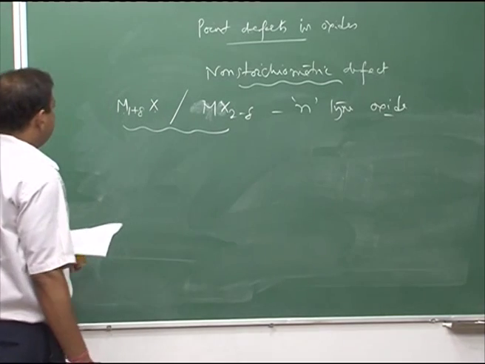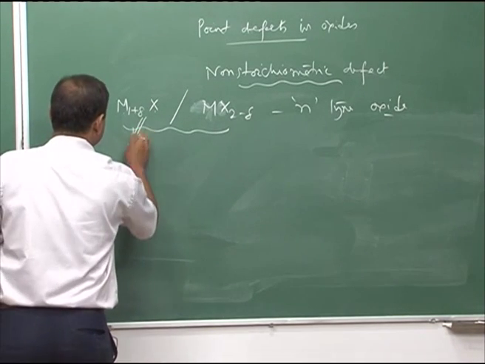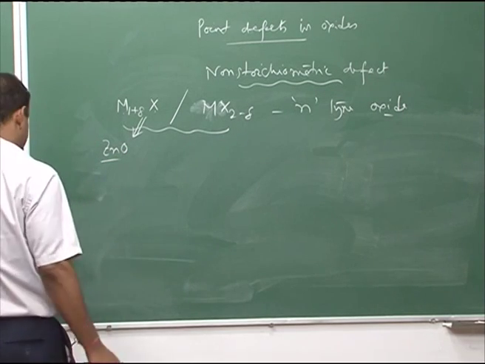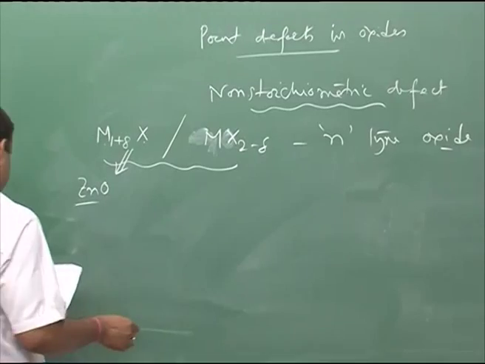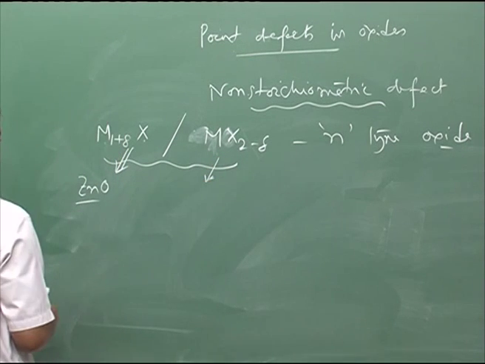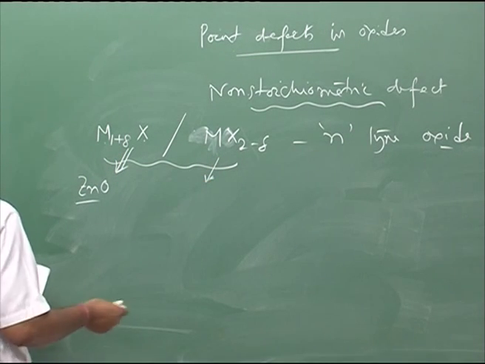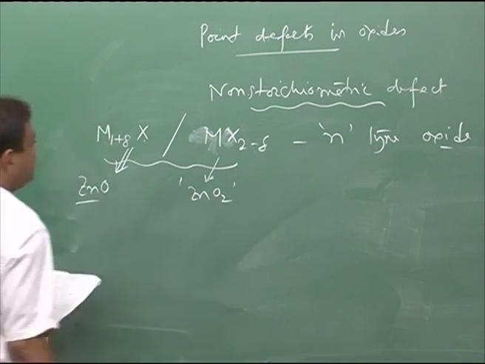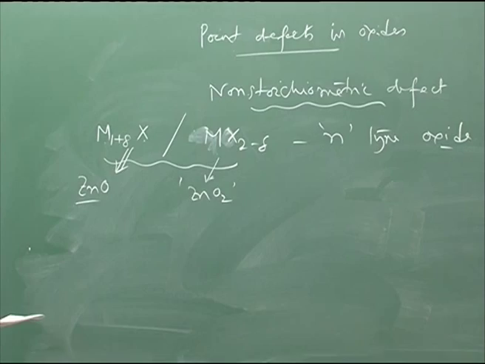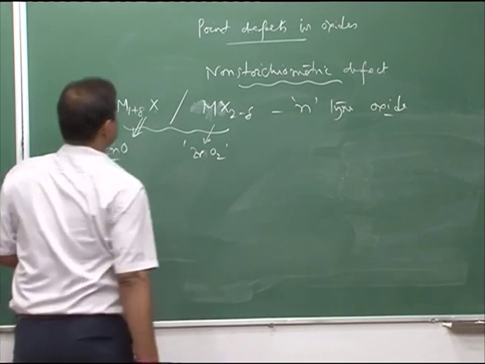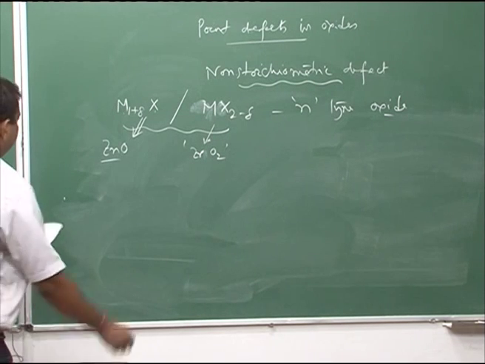One example, if we consider this one, is zinc oxide, or it could be this one where we have ZrO2. This is another example. This is zirconium oxide.